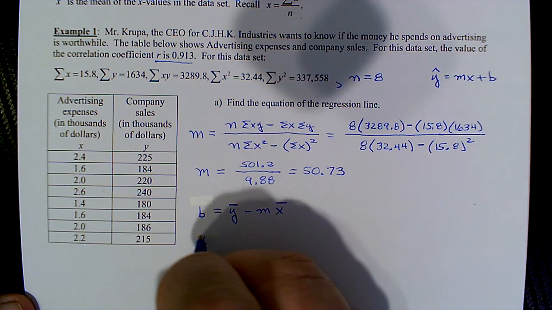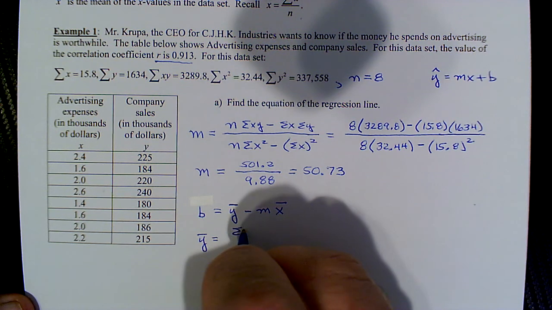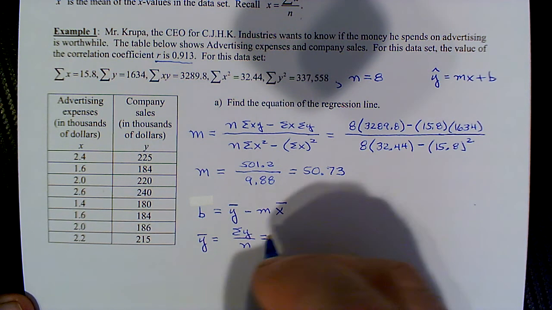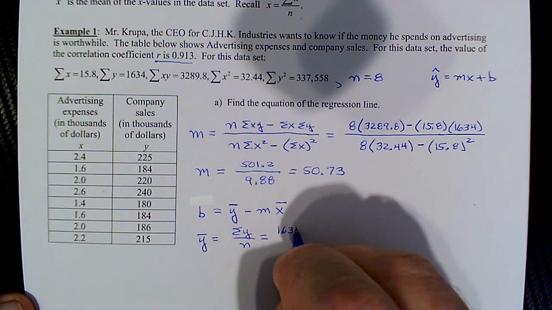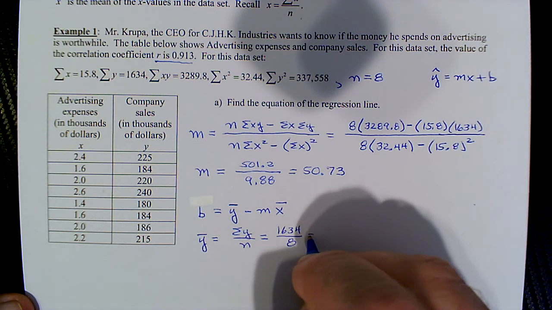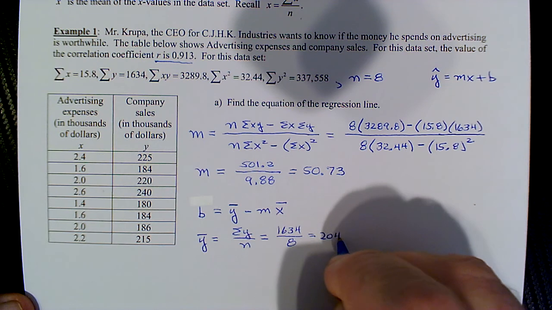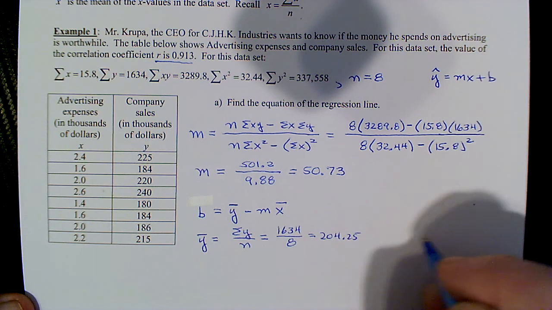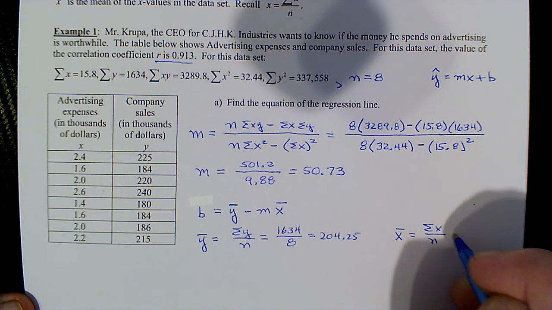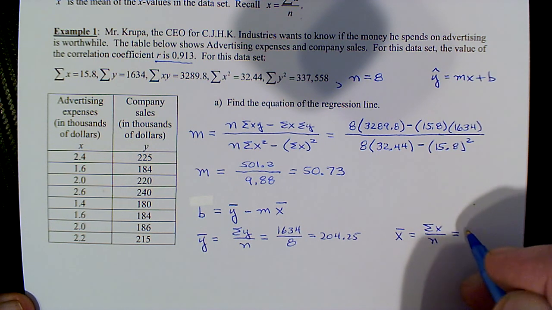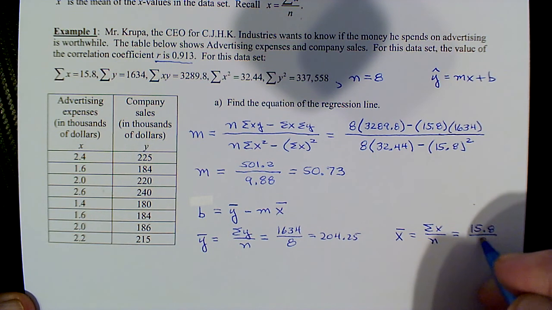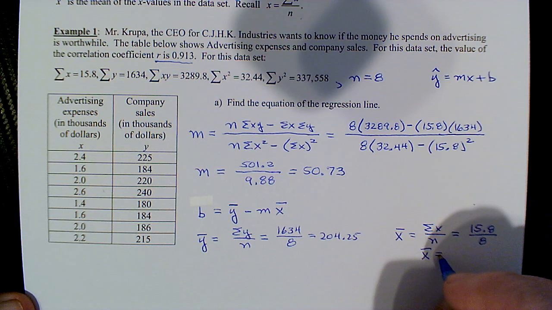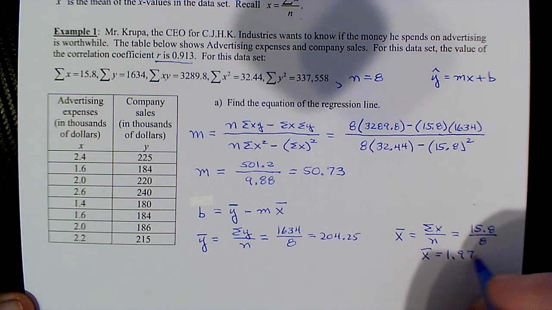And y bar is the sum of the y's over n. So that's the sum of the y's, 1634, over n, which is 8, is 204.25. X bar is the sum of the x's over n, which was 15.8 over 8. So x bar is 1.975.